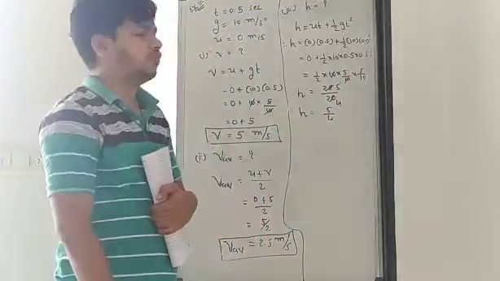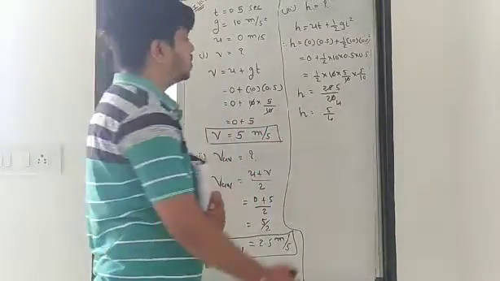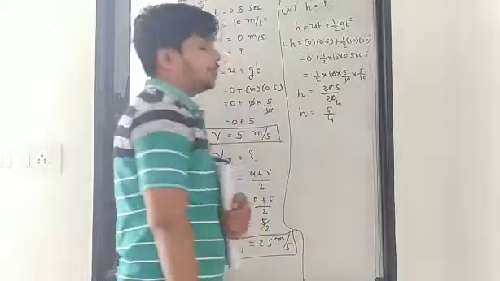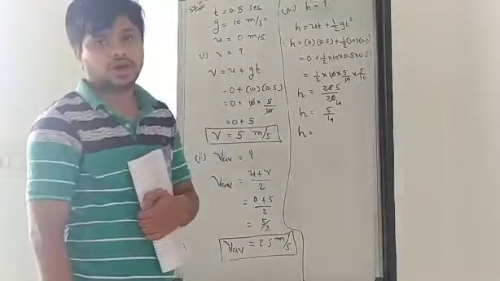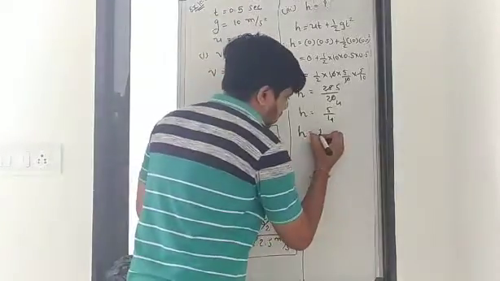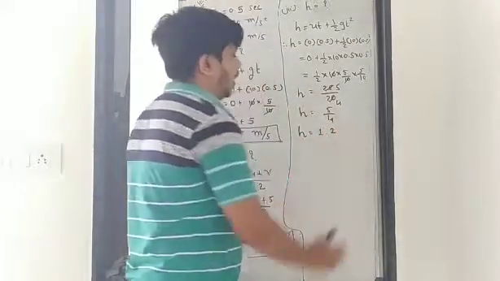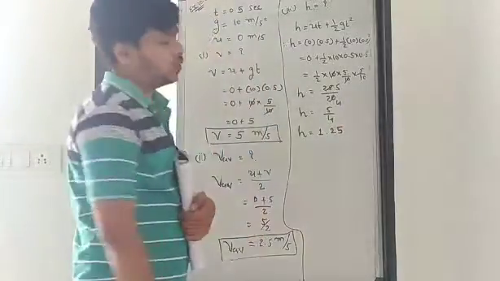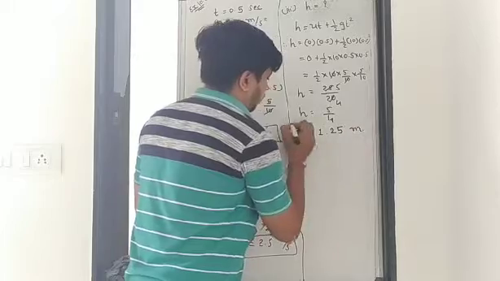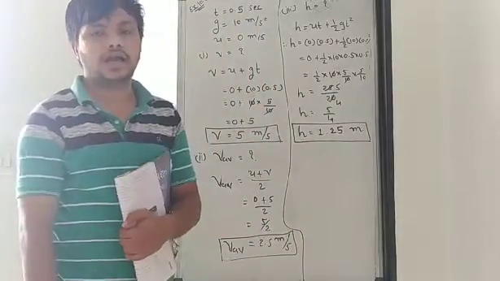Right? 5 5s are 25, 4 5s are 20. So it's 5 by 4. And as you divide it, 4 1s are 4, 1 0, 4 2s are 8, 2 0, 4 5s are 20. So h is equal to 1.25 meters. So here it is the height.